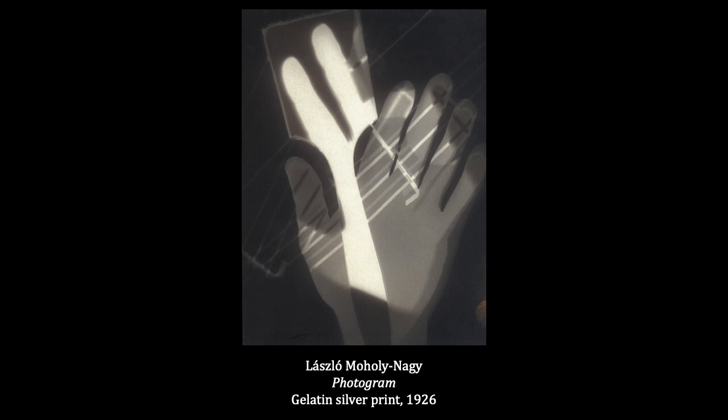It can be objects like a spatula or paintbrush, maybe a little piece of wire gate from a hamster cage or something like that, or simply your hand. You put these objects down on the sheet of paper and expose it to the light. You can do multiple exposures to get different values and different shades of gray in some of the objects. So you're playing around with no negative. You're creating a photographic image without a negative, essentially.